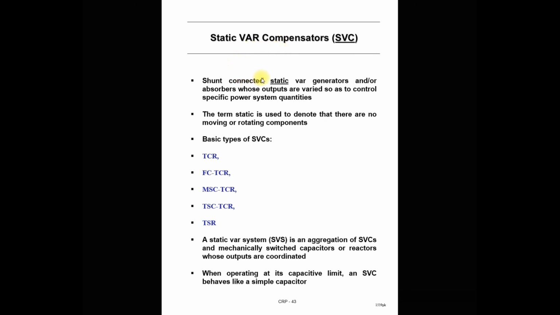But the static var compensator system is static because there are no rotating or moving parts, since we use the thyristor as a switch for control of the reactive power. That's why it is called a static var compensator. Static means there are no moving parts, VAR means reactive power, and compensator means static reactive power compensator. In short, SVC.